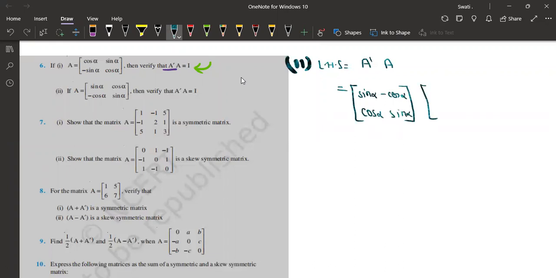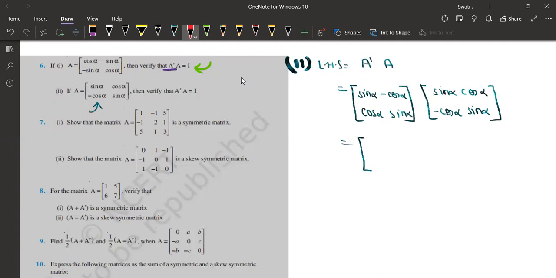And A is exactly the same matrix, sin alpha, cos alpha, and minus cos alpha, sin alpha. So we simply have to do the product. Again, I'll do it very quickly because I have already explained it.